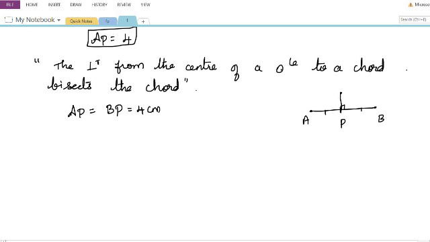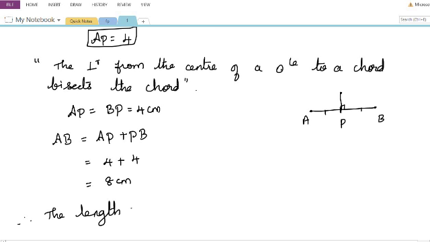Now I need to find the length of the chord only. So I have to find what AB is. AB can be written as AP plus BP. Both the values are 4. So 4 plus 4, which is equal to 8 centimeter. Therefore, the length of the chord equals 8 centimeter.